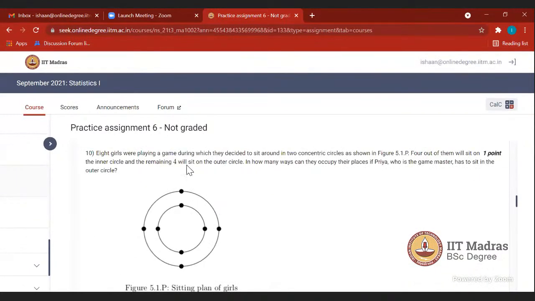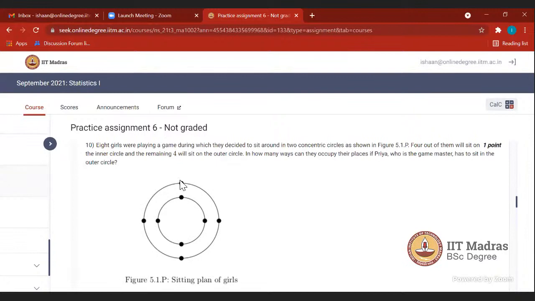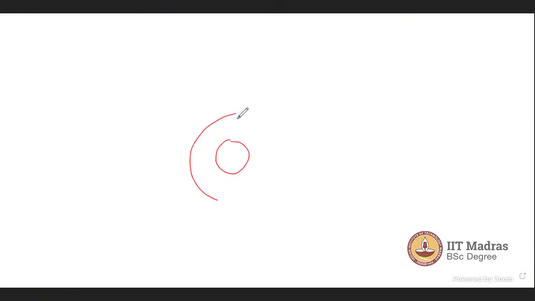Okay, so the girls were playing, and 4 of them will sit in the linear arrangement part in the upper circle. This is the thing: when we consider a circle, we don't know what the starting point is. This point and this point are kind of the same, right?